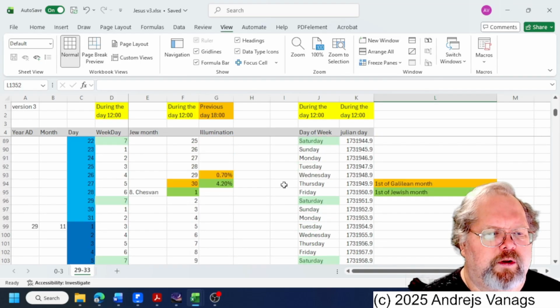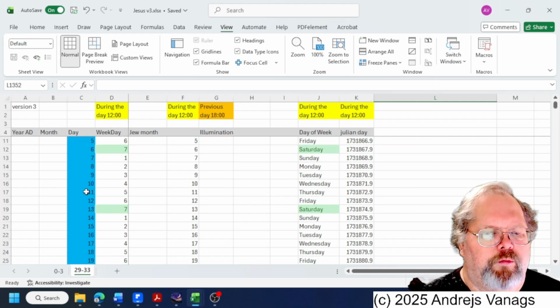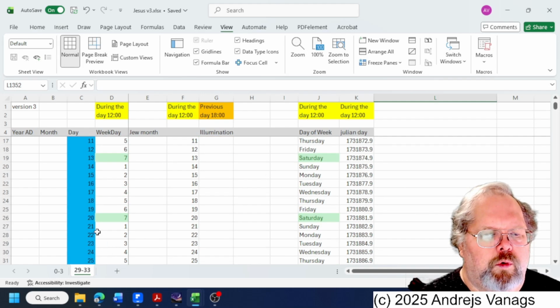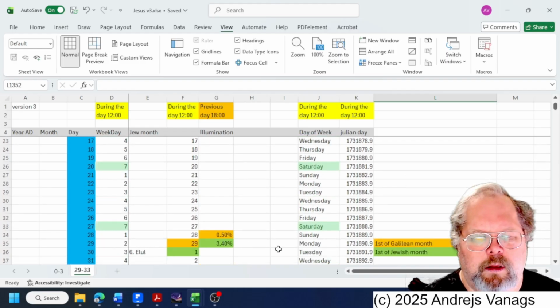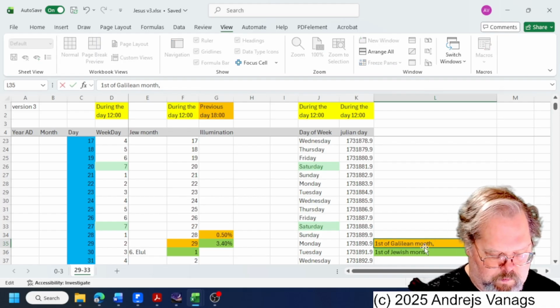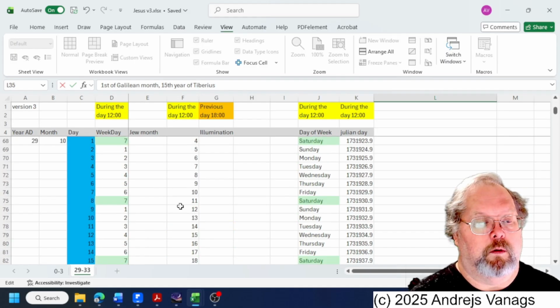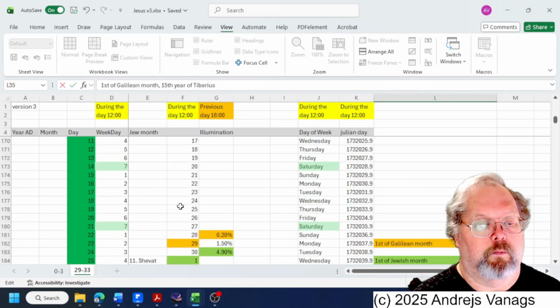So that's why I started the calendar in July. So August 29th, this was the 15th year of Tiberius. And then we can do the rest of the years.